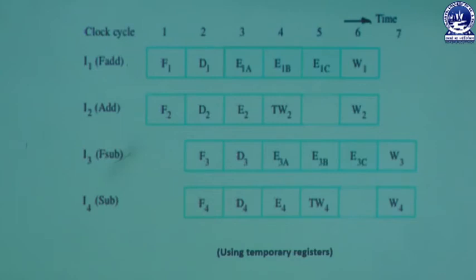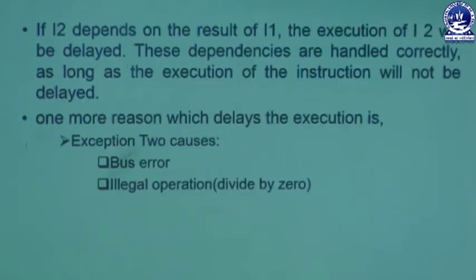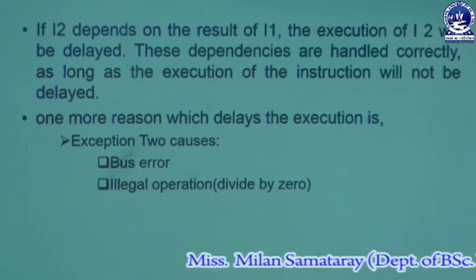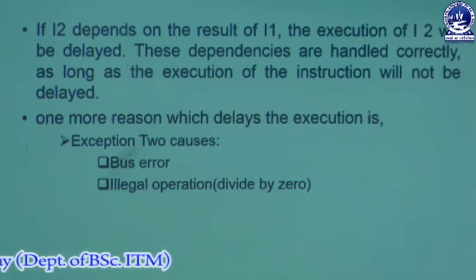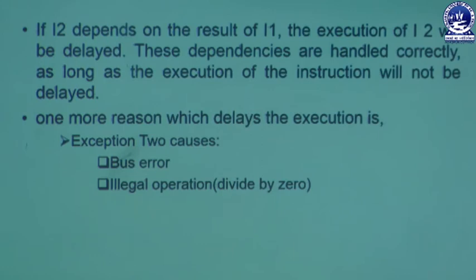So, here we use the concept of temporary registers. That means, if I2 depends on the result of I1, due to which out of order execution occurs, the execution of I2 will be delayed. So, these dependencies are handled correctly, as long as the execution of the instruction is not delayed.